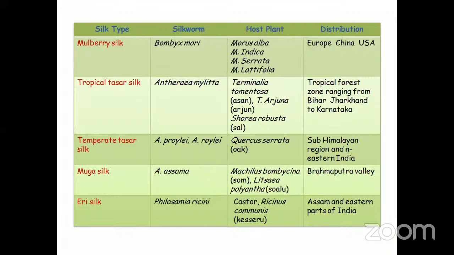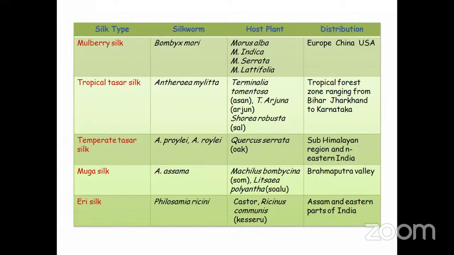Mulberry silk moth, that is the Bombyx mori scientific name. For the Bombyx mori we require the host plants Morus alba, Morus indica, Morus serrata, Morus latifolia of the mulberry silk moth.